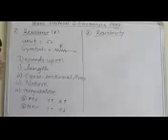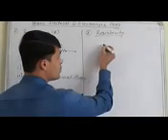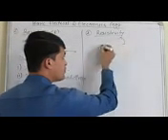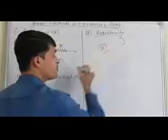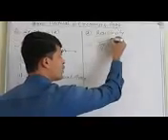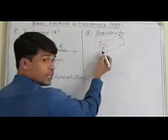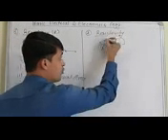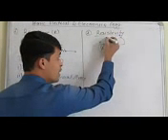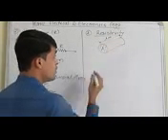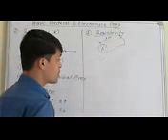Now we will see resistivity. What is resistivity? Suppose I am considering a cross-sectional area A and the length of a conductor L, measured in meters. How do we calculate the resistivity from this?